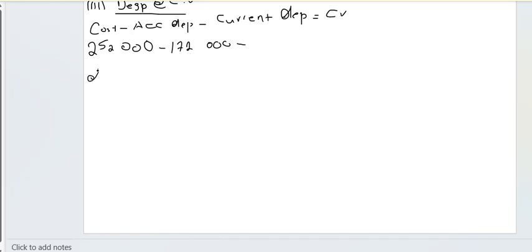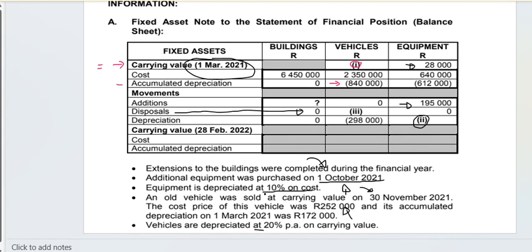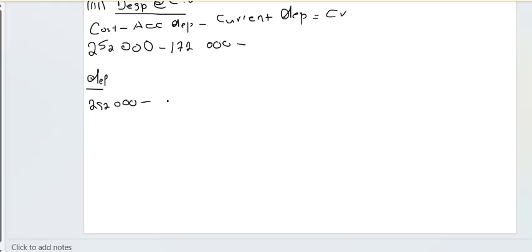We know that to calculate the depreciation is very simple. We need the cost. We have the cost, 252,000, minus the accumulated depreciation. I'm saying so because we are using a carrying value method, which is a book value method. We need to get the carrying value.